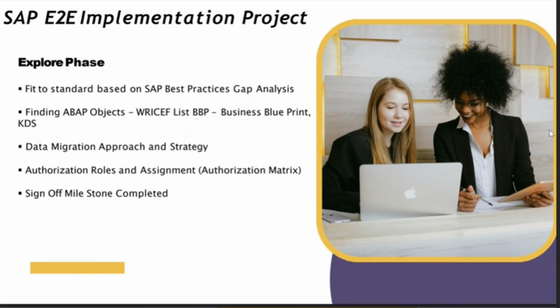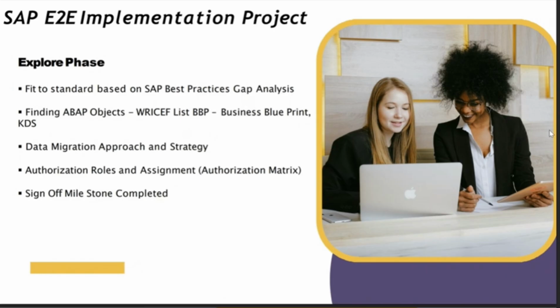Then customer master, vendor master. Then profit center, cost centers. Profit center, that's a configuration, correct? That is also master data regarding configuration. Then customer master, supplier, asset master, bank master.